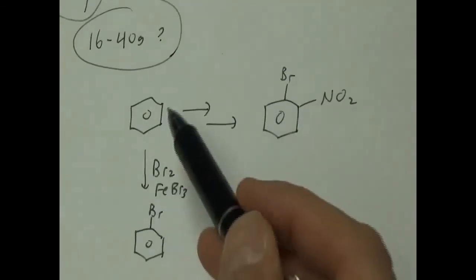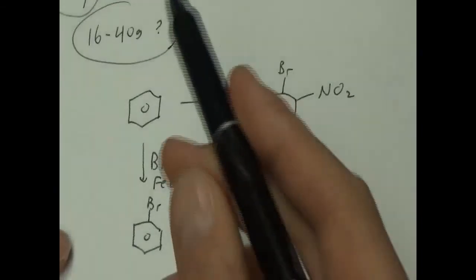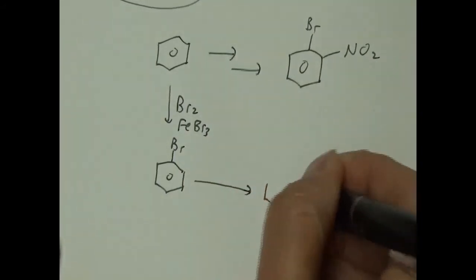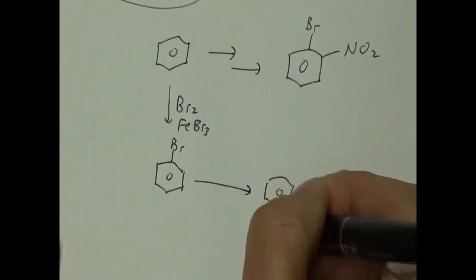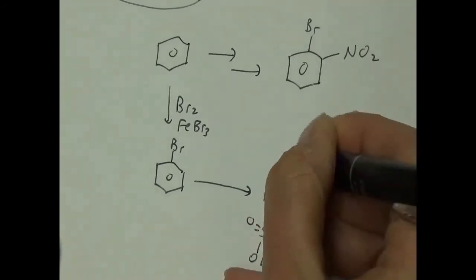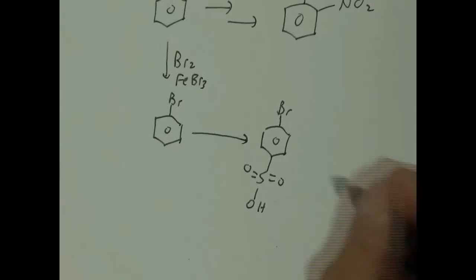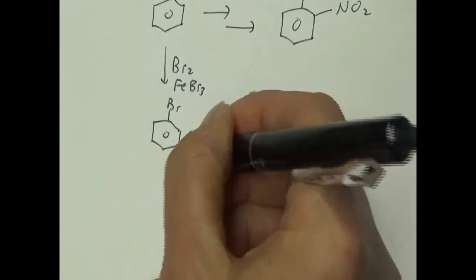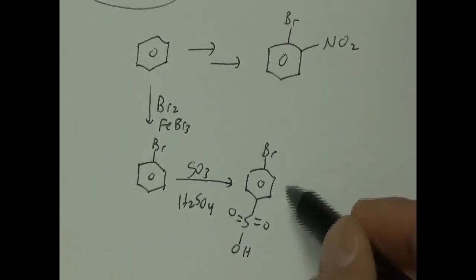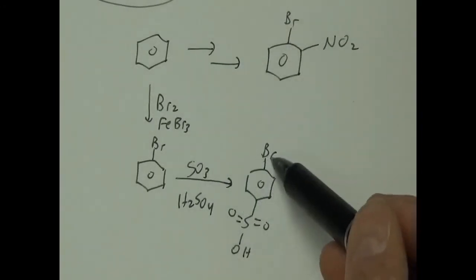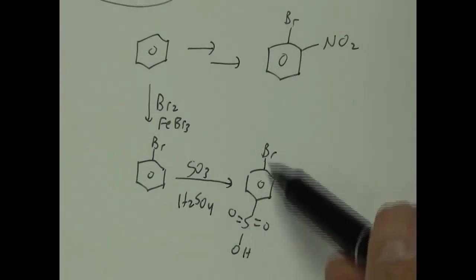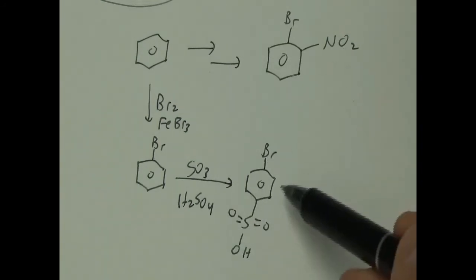Okay, but with the bromine on, now how do we block the para position? Like a sulfonic acid. How do we do that? It was SO3, H2SO4. Okay. Now we're set because this is an ortho-para director, this is a meta director. They're both saying to install the nitro right there.